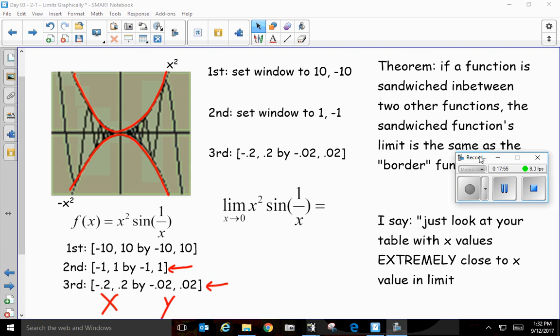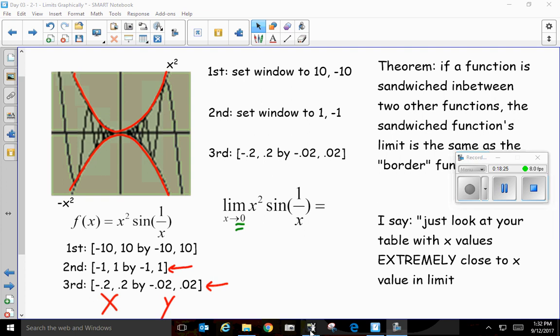Meaning, I want to look at my x values that get really, really close to when x is 0, and look at what y value that approaches. The x value in the limit is 0, so I want to look at all my x values that get really, really close there. I don't want to look at 0, 1, 2. You want to go off by like 0.01, 0.001. It's crazy.